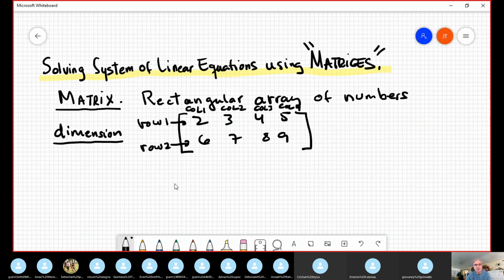Therefore, the dimension of this matrix is 2 by 4. The first number indicates the number of rows, and the second number indicates the number of columns. This is super important because we frequently use the dimension, whether the dimensions match or don't match. You need to determine the dimension of the matrix.